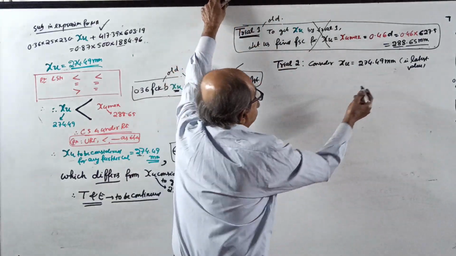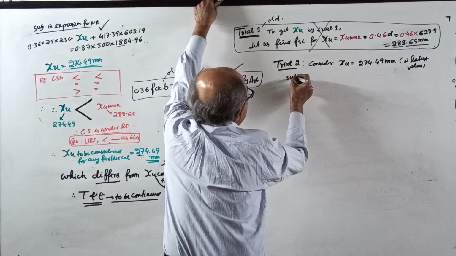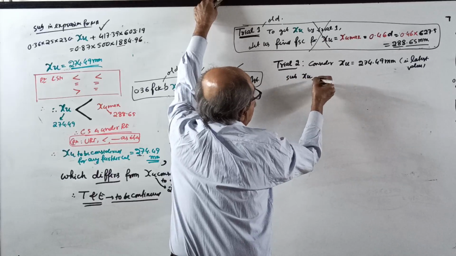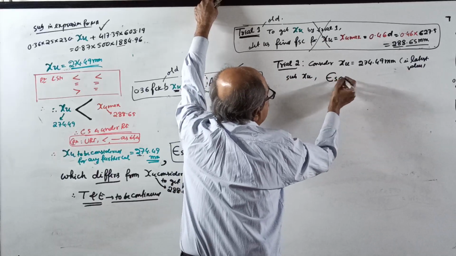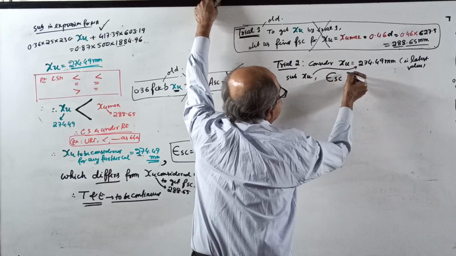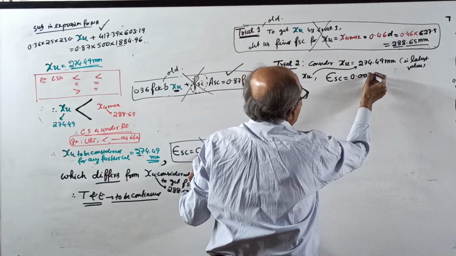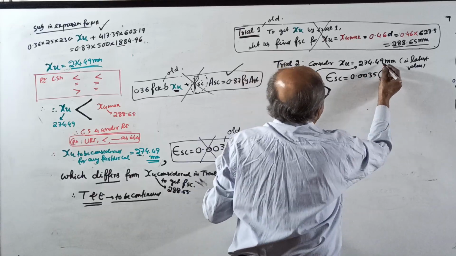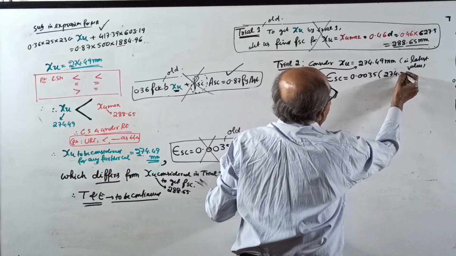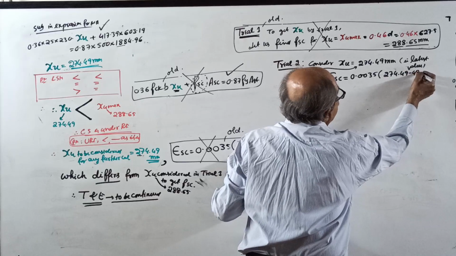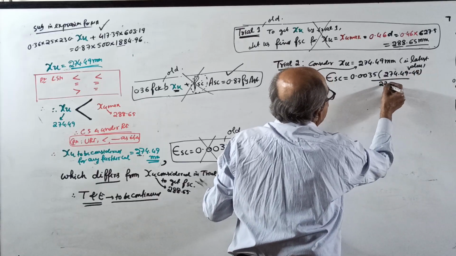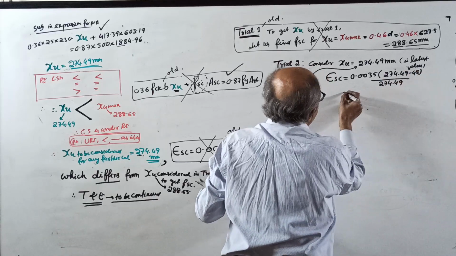Now, substituting this Xu, we get epsilon sc equal to 0.0035 into (Xu 274.49 minus 48) divided by 274.49.